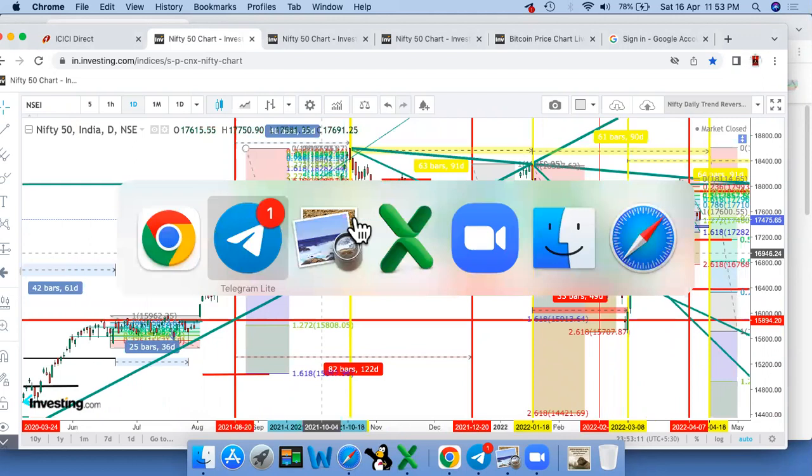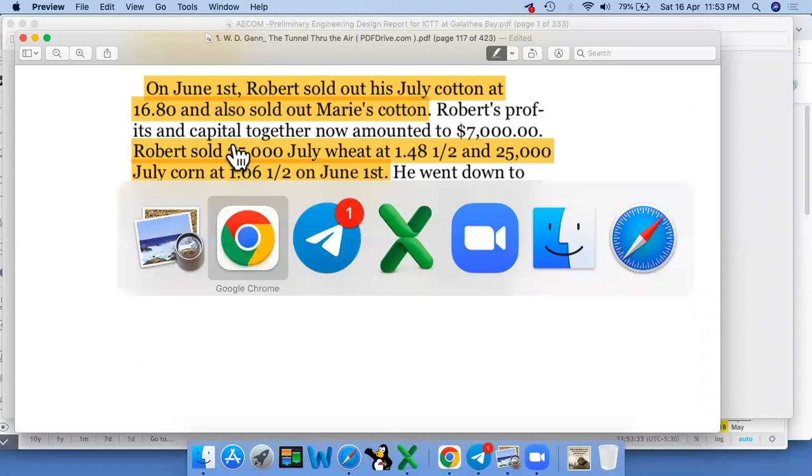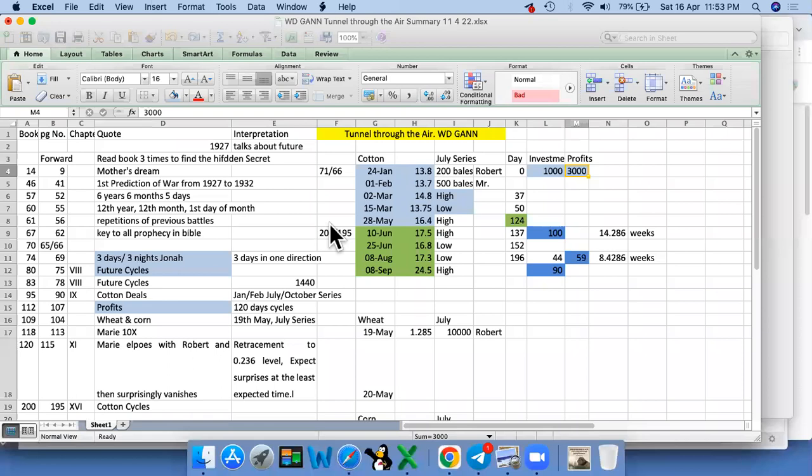Right? Let's go to the book further. What we are talking about is the low parts. On June 1st, Robert sold out his July cotton at 16.8. Where is our book? So we go around this. So we are waiting somewhere around for 10th of June, right?